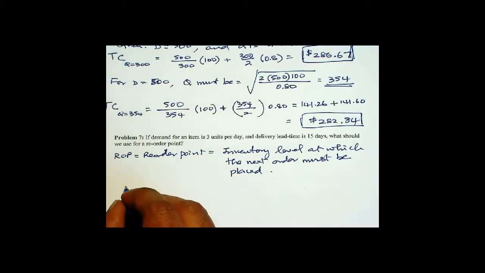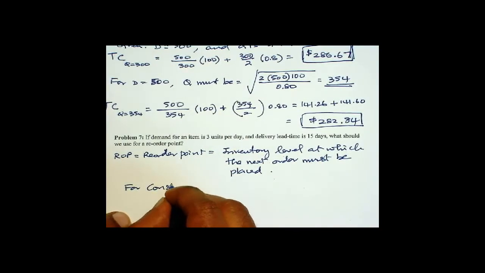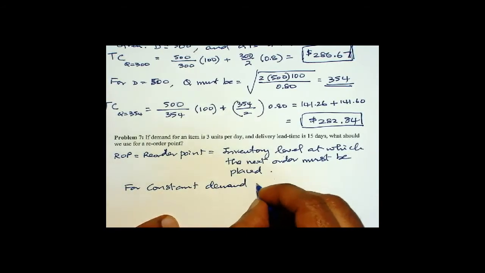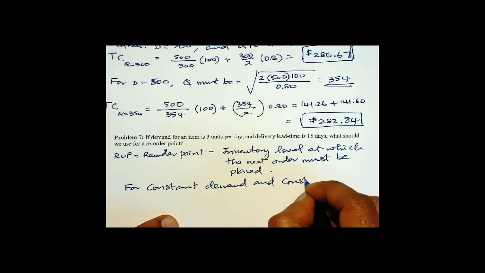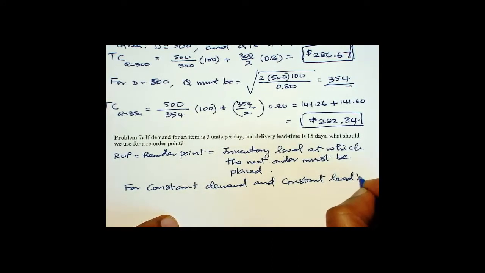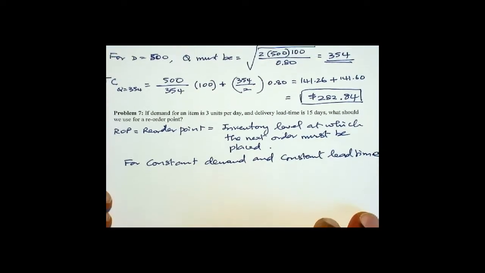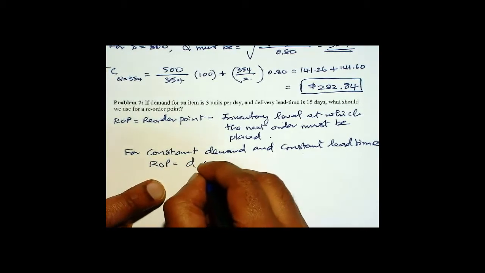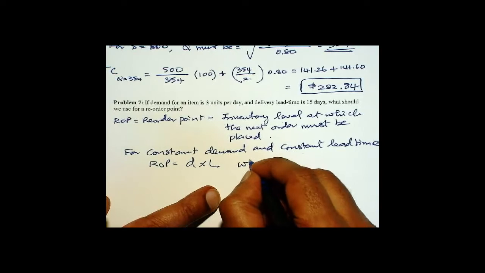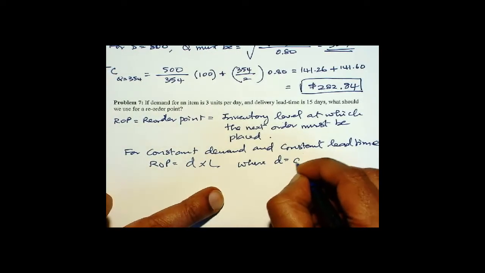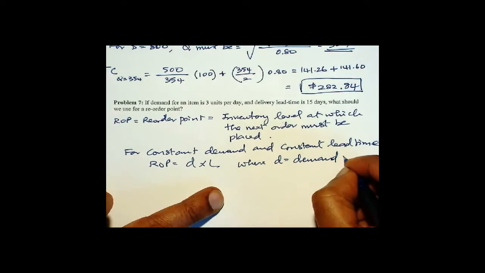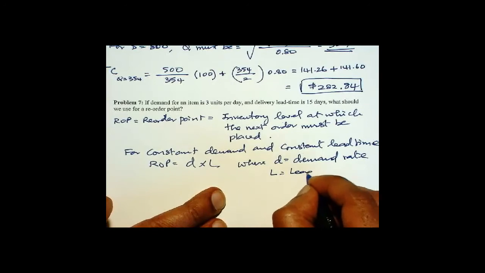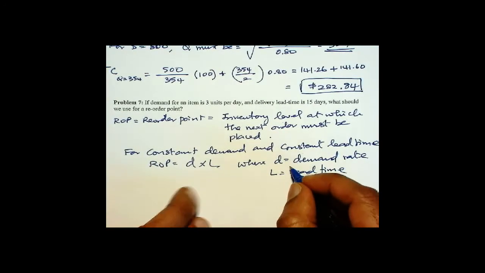So for constant demand and constant lead time, ROP is given by D times L, where D is demand rate and L is lead time, and D and L must be in the same units.